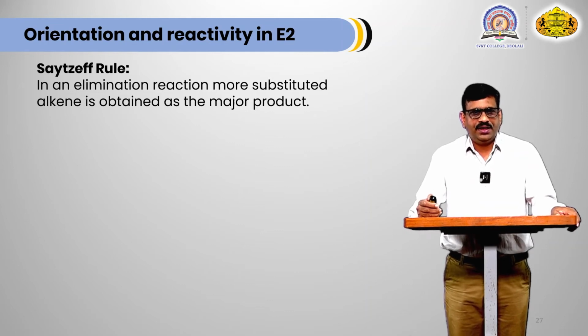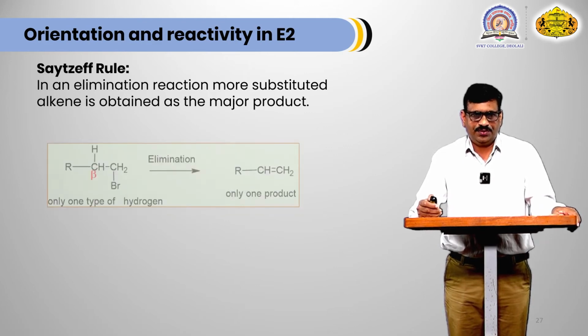But when an alkyl halide contains two types of beta hydrogen or more than two types, in that case a greater number of products are formed, and the major product in that case is given by the Saytzeff rule, and this rule states that the more substituted product which is obtained in an elimination reaction is the major product.